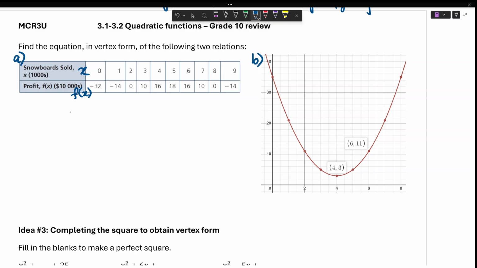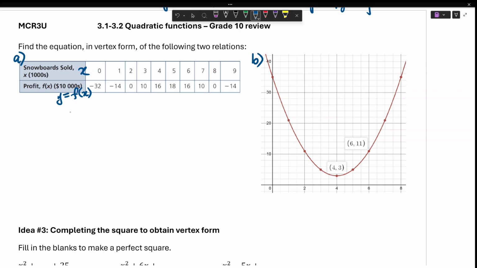So if you look at this table of values, you'll notice that the y values or the function values seem to go up to 18 and then go down. It's also pretty symmetric about 18, right? So if you go one to the right and one to the left, those are both 16. If you go two to the right and two to the left, that's both 10 and so on.